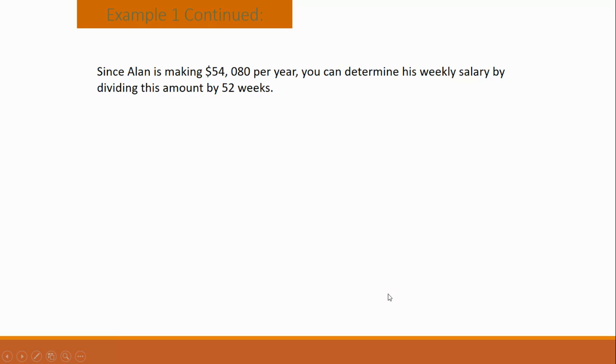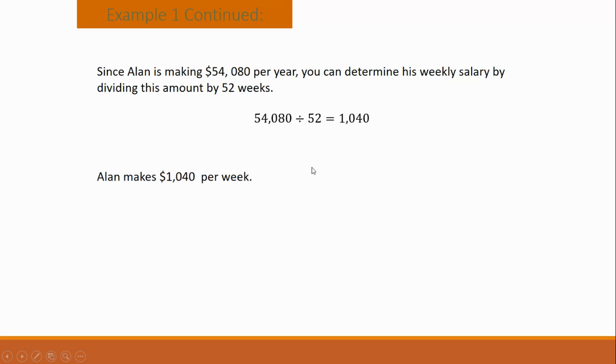Okay. So to continue that example, since Alan makes $54,080 per year, we're going to determine his weekly salary by dividing that amount by the 52 weeks that he gets paid. 54,080 divided by 52, his weekly check is $1,040.